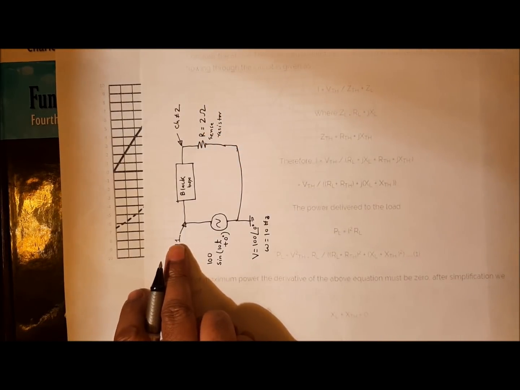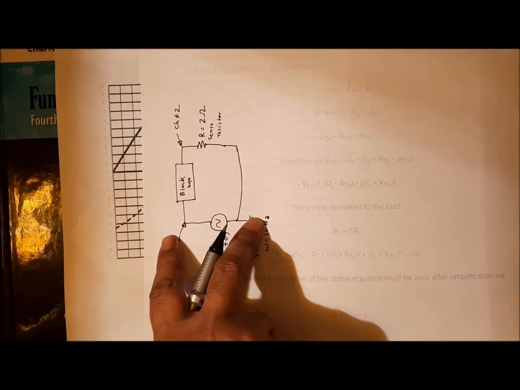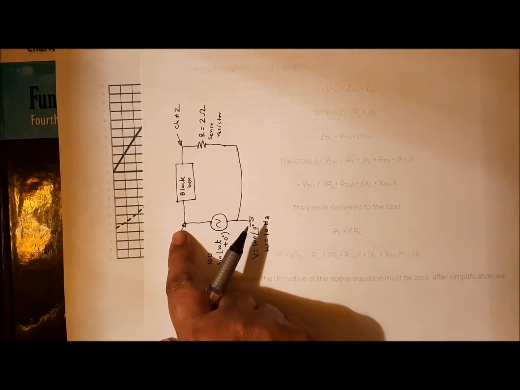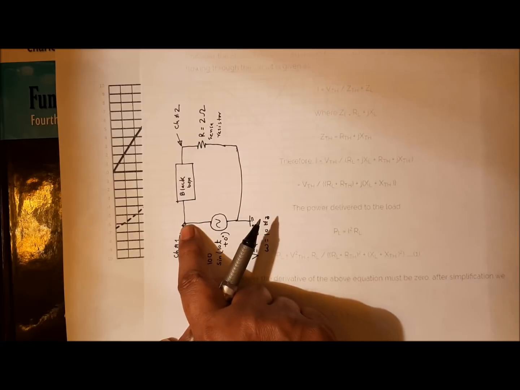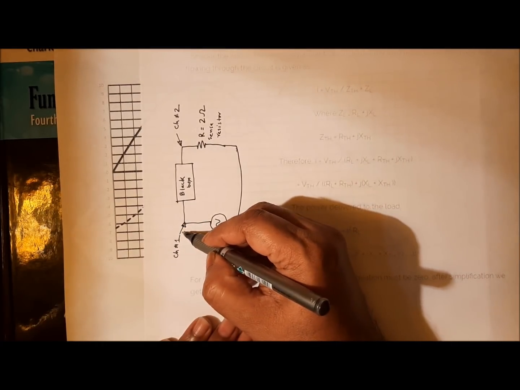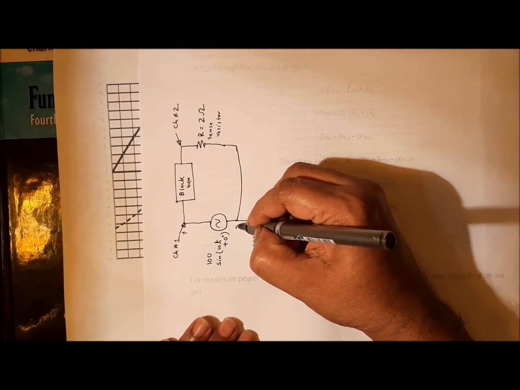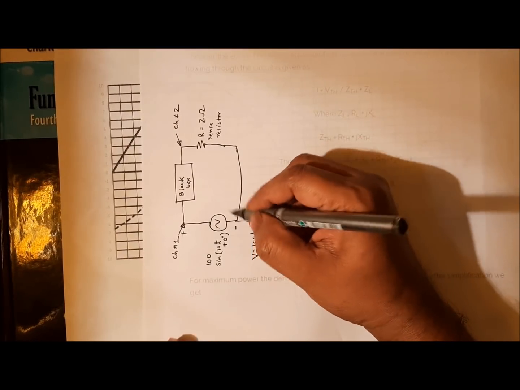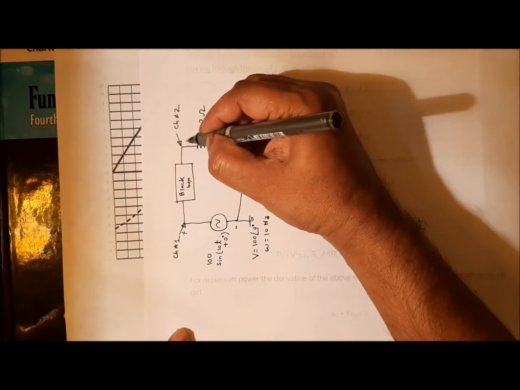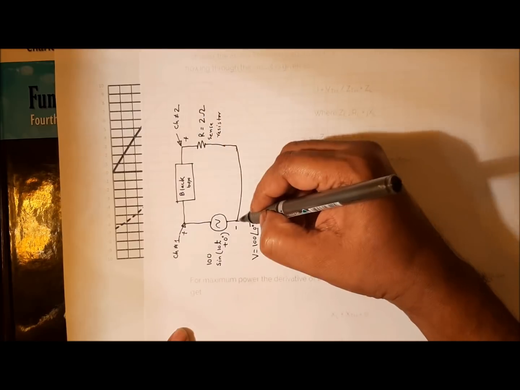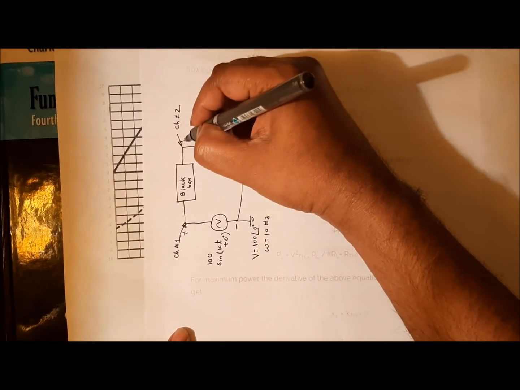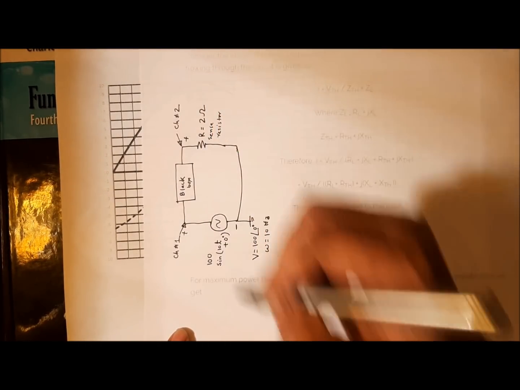So channel 1 measures the voltage across the source. Channel 1's positive terminal will be connected here and the negative terminal here, so you get the voltage. For channel 2 the positive terminal will be here and the negative terminal here, so you will get the voltage across the sense resistor.